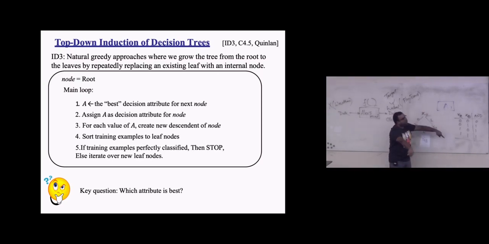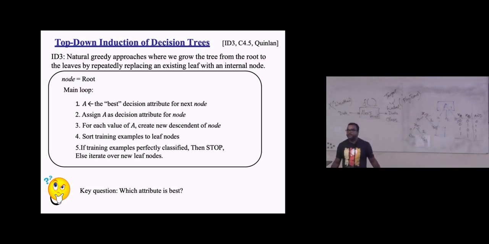Then for each value, you branch out and create descendant nodes, and at those nodes, for each value, A1, A2, A3, you again make that same decision process, but no longer consider this one because it is already done. You have already considered this. Keep doing this, right?